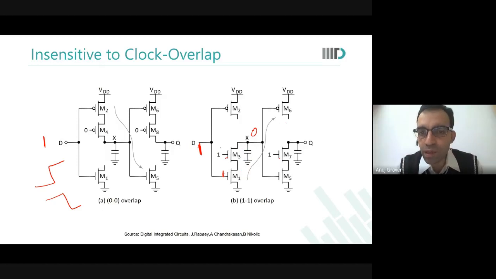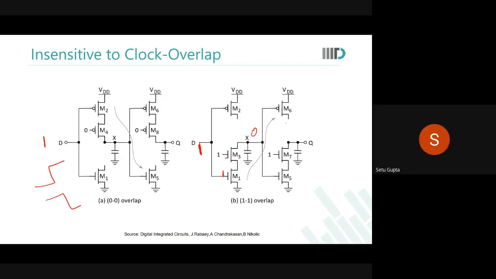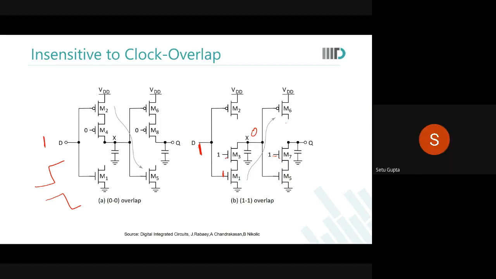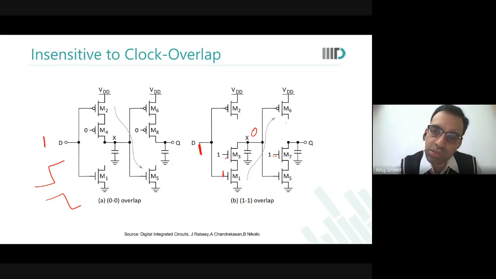Now when clock goes high, this clock bar has remained 1 for some more time.